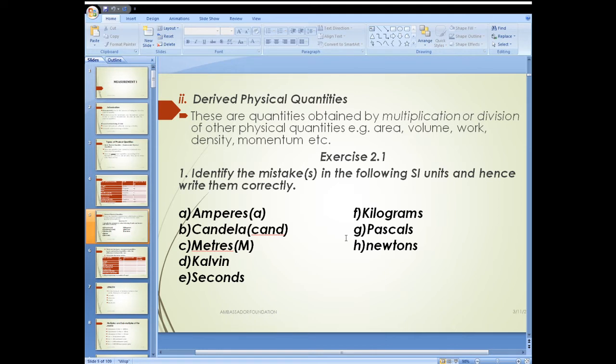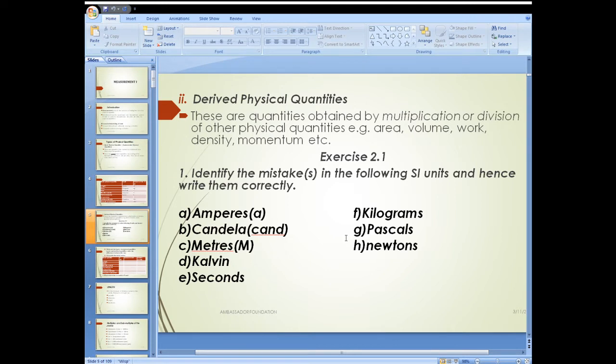For example, area: if you want to get area, it is length times width, so it is derived. You multiply. Volume, you multiply still. Work is a derived quantity. Density is a derived quantity. Momentum is a derived quantity. Pressure is a derived quantity, and many others. As long as you have to carry out some calculation like multiplication or division, whatever you are obtaining is a derived physical quantity.